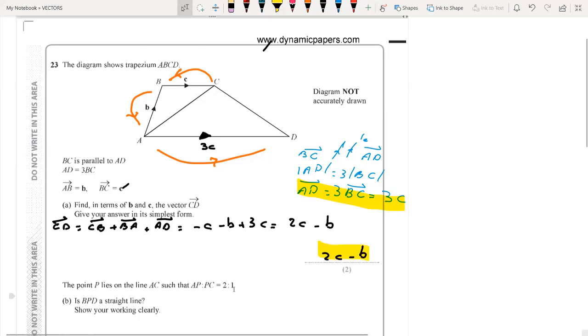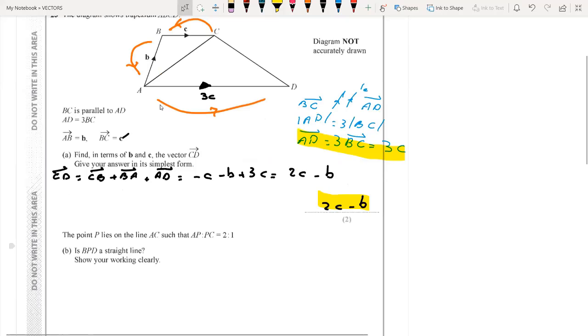Now, the next part says that we have a point P. I will answer with a different color, blue color. So we have point P. P splits the line AC in the ratio 2 to 1. This means that AP is equal to 2PC.